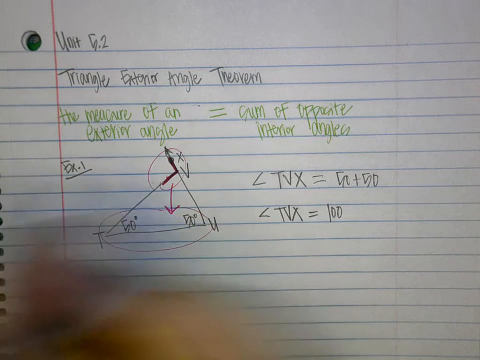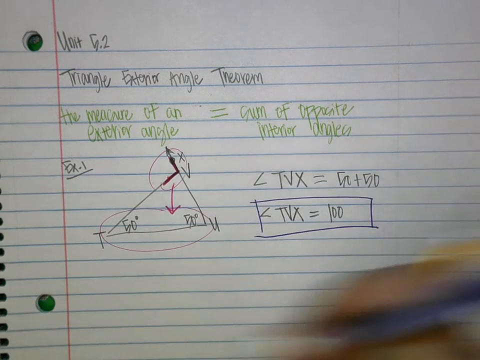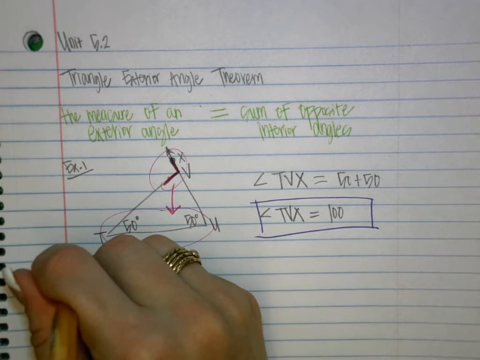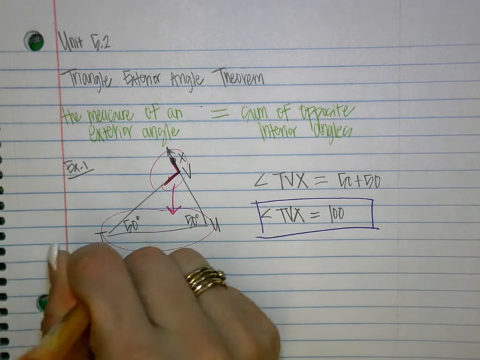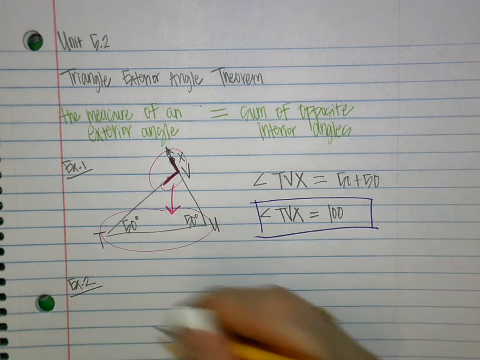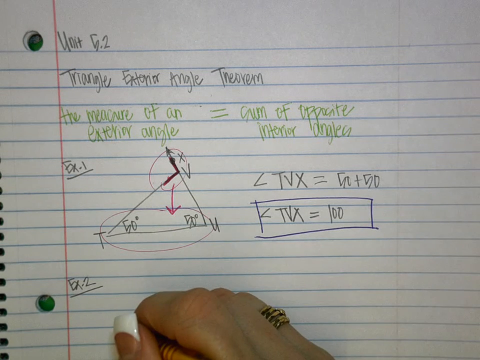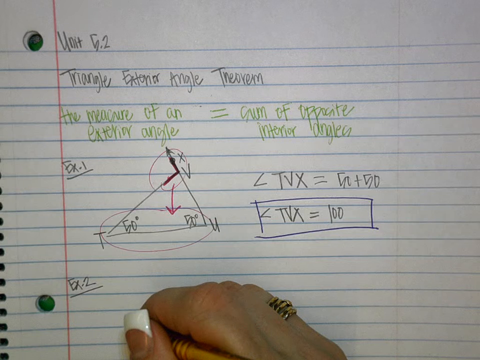Okay? Promise. We are going to make this as simple as possible. And I know when you first start, it looks weird, and you're not quite sure what you're doing, but it will get easier as we do a little more practice. Okay, let's try another one. What if I give you a strange looking triangle that I'm going to try to draw.